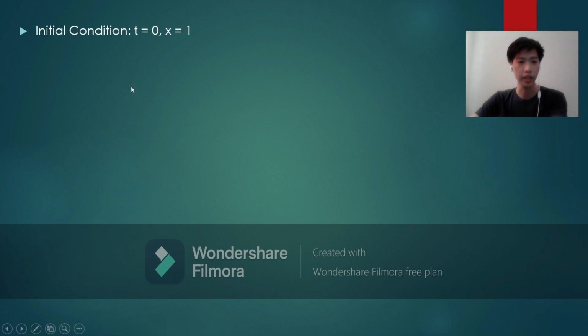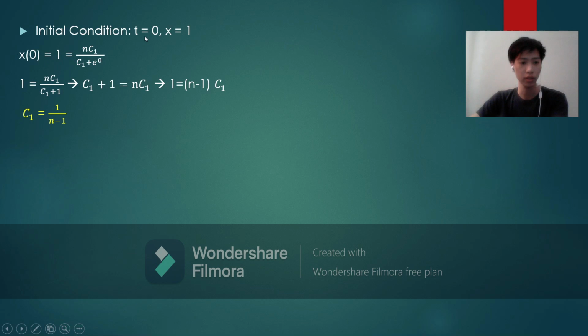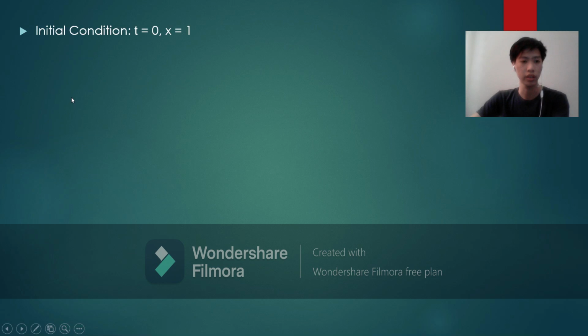And the initial condition supposedly is that a person is carrying a virus, so t is equal to 0 and then x is equal to 1. So now c1 is equal to 1 over n minus 1. We can use this expression and apply it to the general solution.